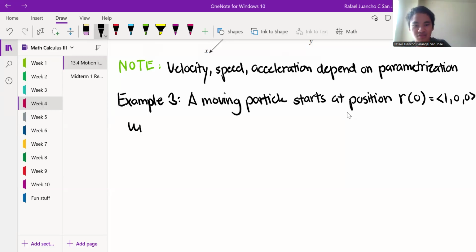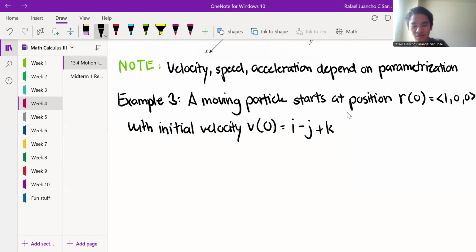And it has an initial velocity. So at time 0, v of 0 is i minus j plus k.